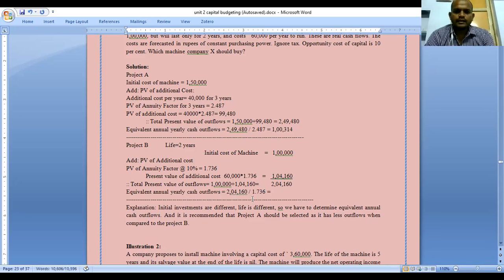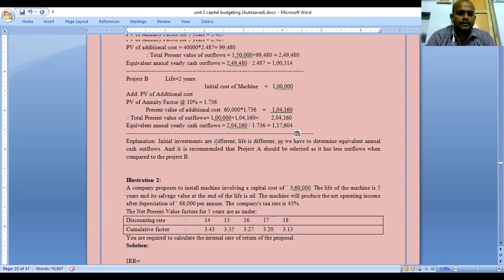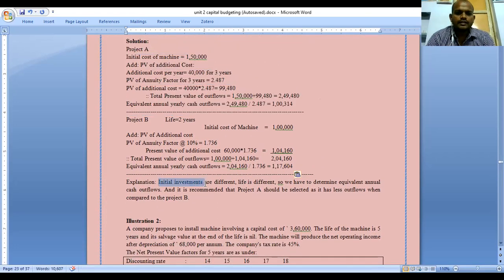Now we get the yearly outflow, that is 1,17,604. Explanation: initial investments are different, life is different, so we have to determine equivalent annual cash outflows, and it is recommended that project A should be selected because project A has less outflows when compared to project B.